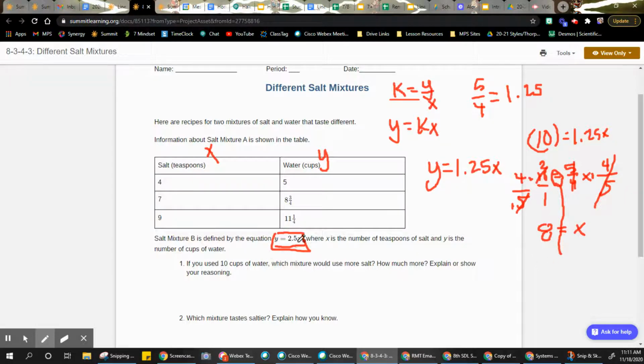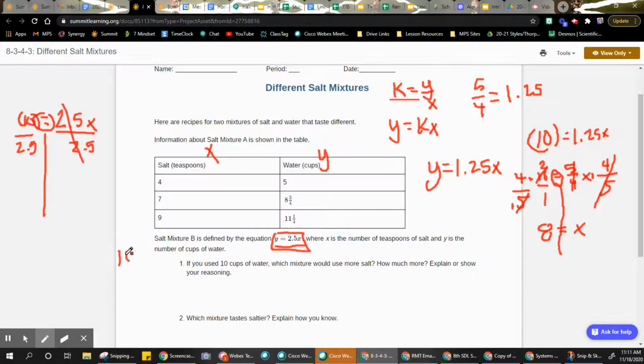Let's find out how many teaspoons we're going to use for mixture B. So then, again, we need to plug it in. We're going to do 10 equals 2.5 times x. The center of my equation is my equal sign. To get rid of 2.5, I'm going to divide by 2.5 on both sides.